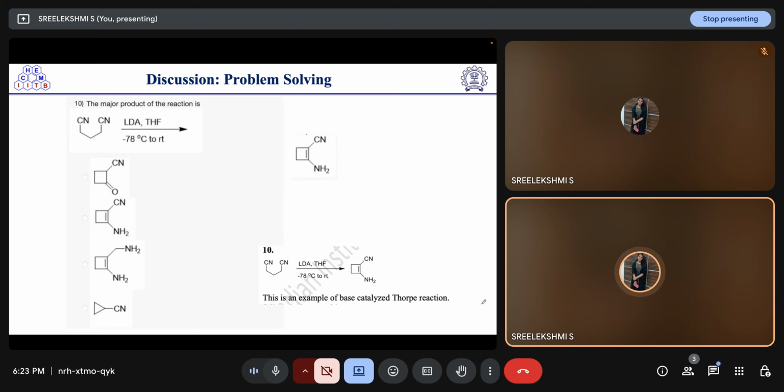Then the last question for today is this one: the major product of this reaction. We are treating this particular compound with LDA in THF at minus 78 degrees Celsius. Which will be the major product?